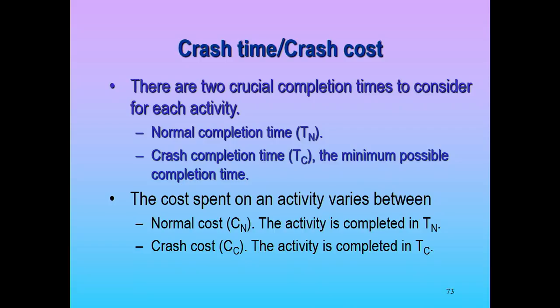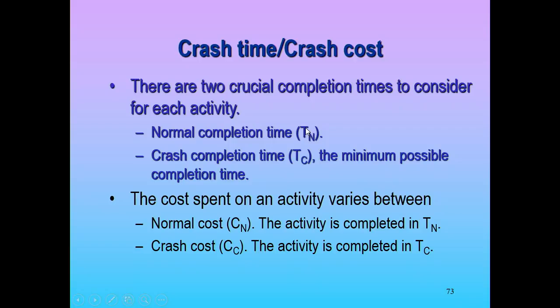The way this works, and like I said, we're not going to really use the slides for this, but I want you to understand what's going on. When we do a crashing mechanism, every activity has a normal completion time, T sub n. Every activity has a crash completion time, T sub c. Sometimes these are the same, like bearing a child, you can't crash it any further, it takes 9 months.